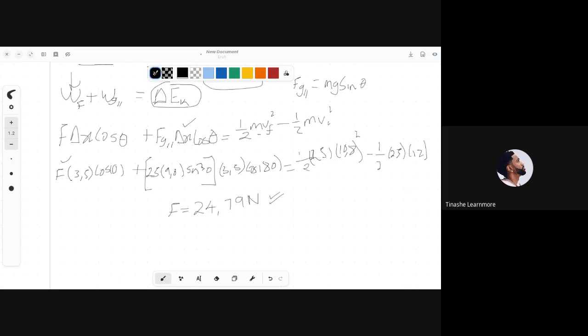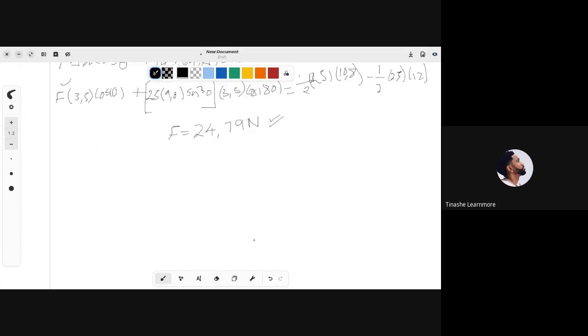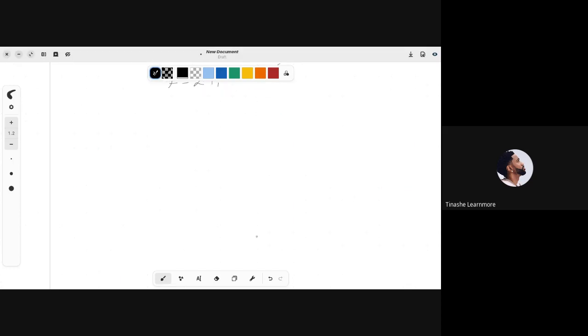Then the last one for this work, energy and power, I have this very interesting one. We are given a roller coaster, probably somewhere around Sun City or wherever they have roller coasters.